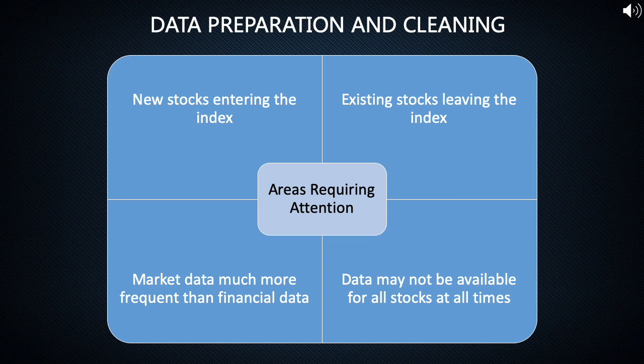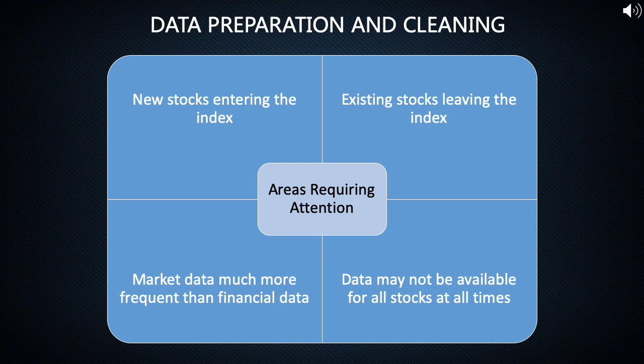We noticed a few areas which require attention as we prepare the data before training. One source of problem is the fact that in the actual S&P index, over time, new companies are added to the index and some existing stocks are removed from the index.